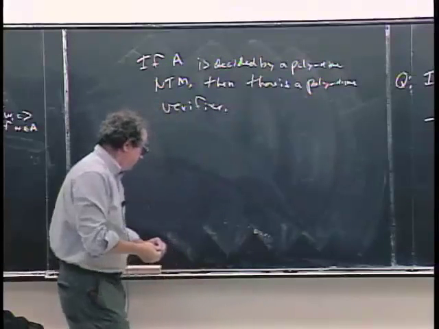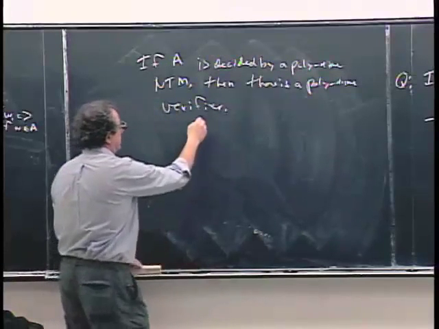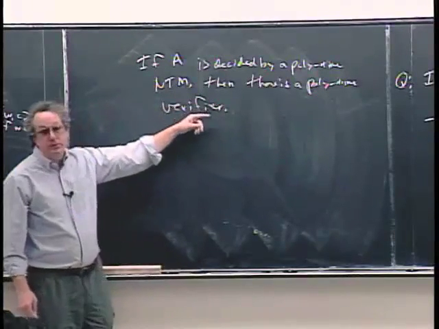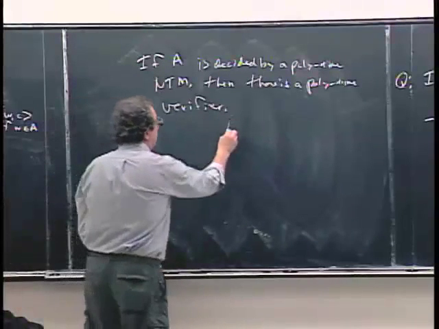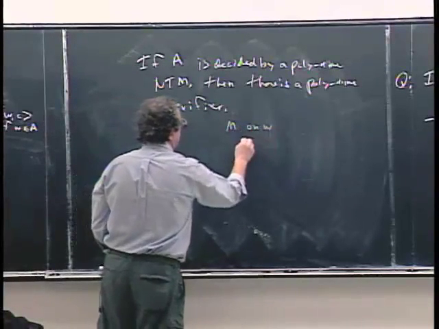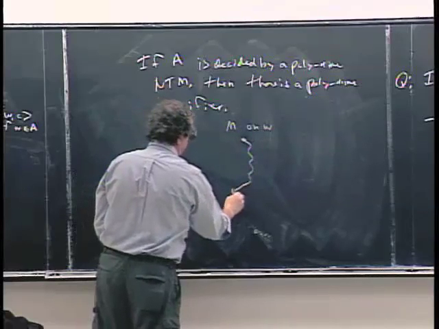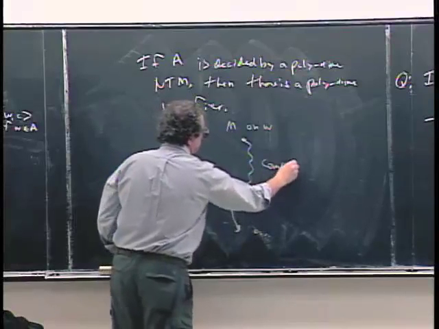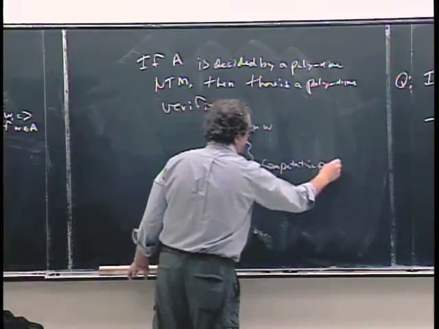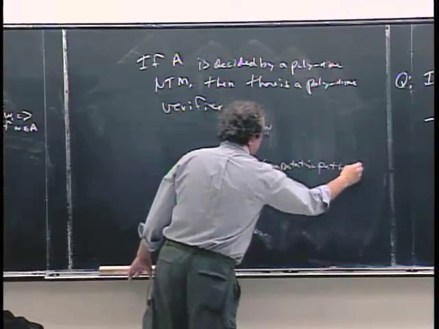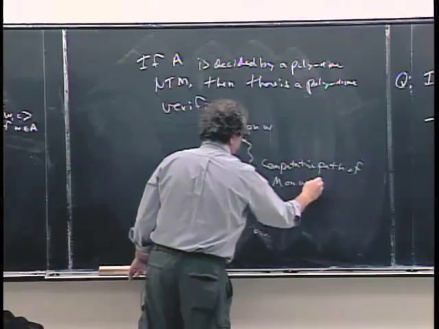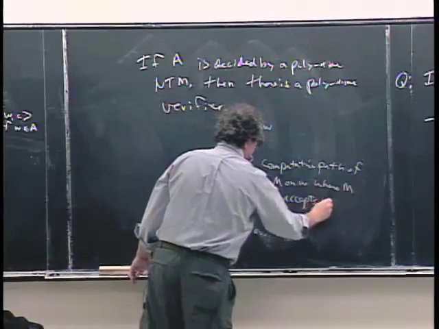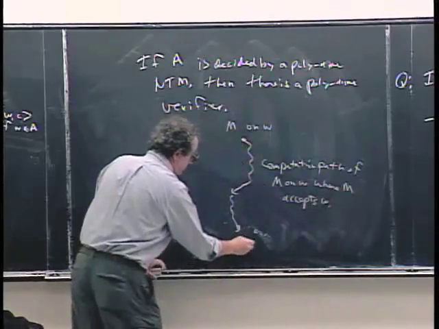Now this one is pretty straightforward because there's a polytime Turing machine that decides. So that means that when you run M on W, there's some computation path that M takes that leads to an accept of M on W, where M accepts W. Okay, so this is an accept.